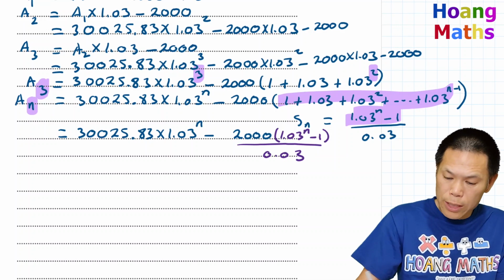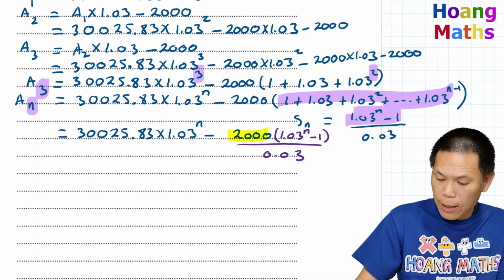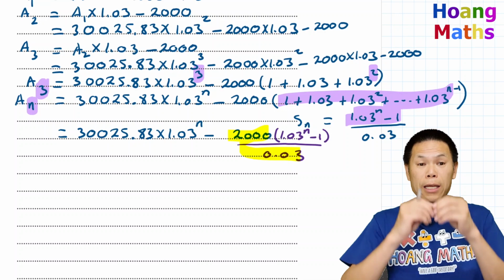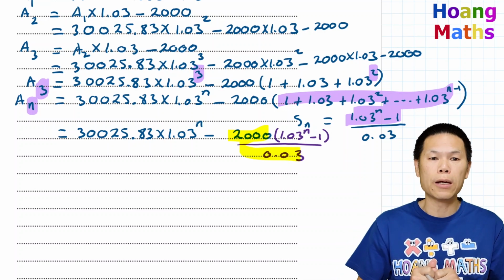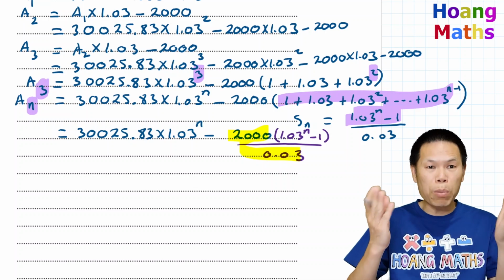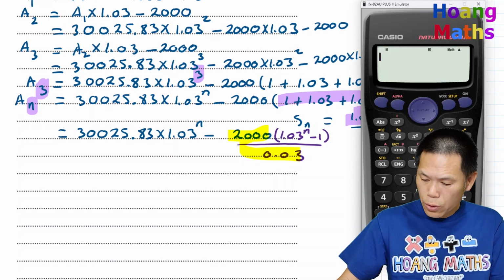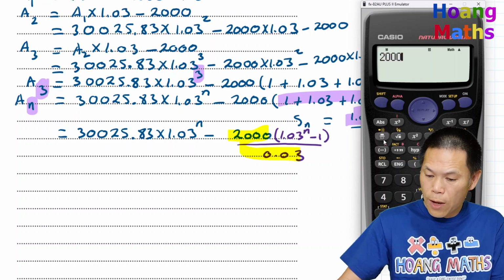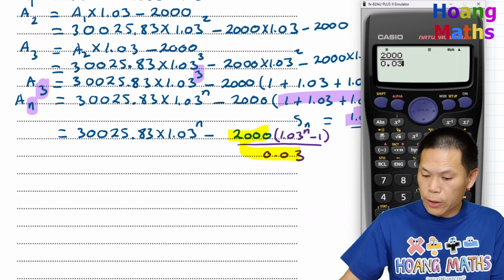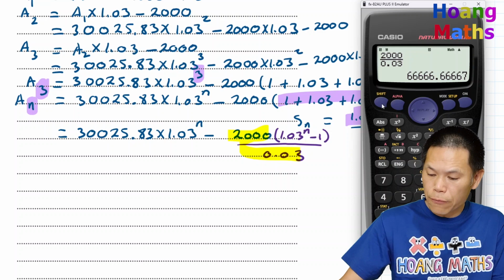So what I do now is I just use a calculator to simplify this, so make it a nice number, okay? A whole number. It looks nicer, that's all, or simpler. So I just go 2000 over 0.03. There you go. Shift SD or SD button.